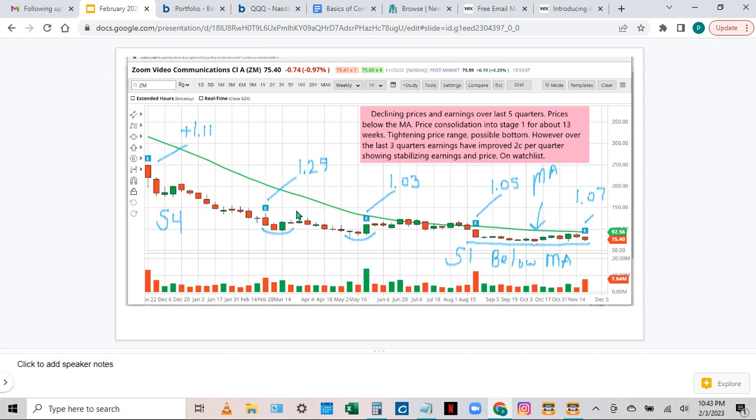Yet price continued to kind of trend down. Okay, so remember that positive earnings does not always mean positive price movement. It does not always happen that way, and people get confused by that when they're looking at fundamentals. But the charts are true because the charts are what people actually believe with their money, and where they put their money. So that's why we use these charts.